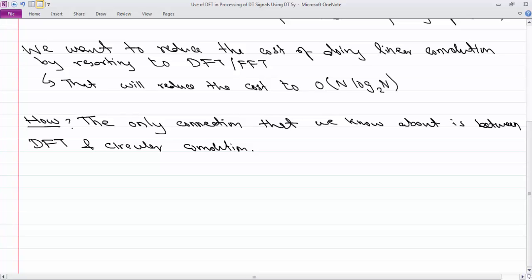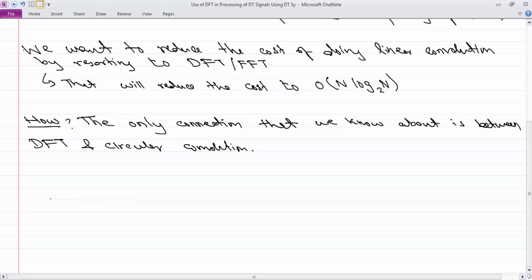The answer lies in the fact that circular convolution can be made equal to linear convolution by choosing an appropriate number of points for the circular convolution.